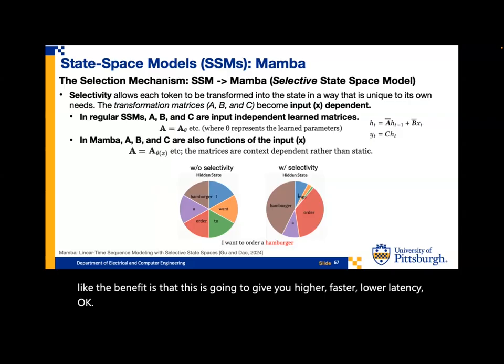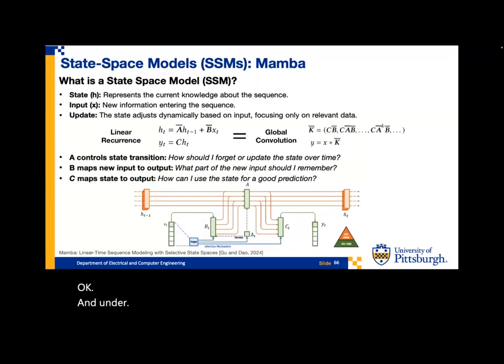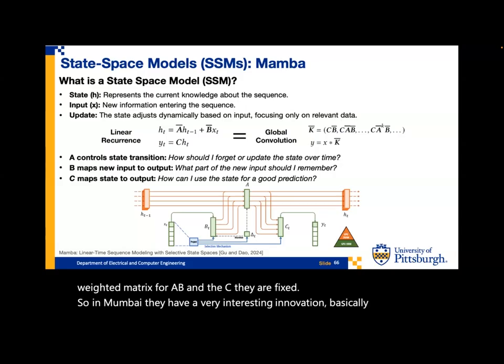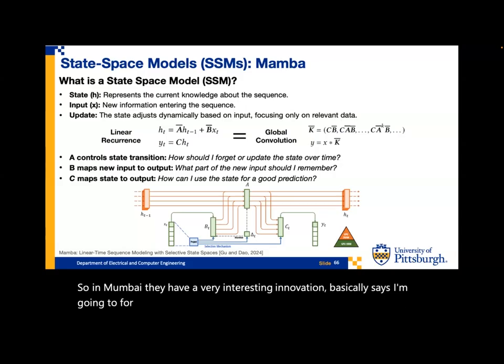Traditionally in long short-term memory, all the weight matrices for A, B, and C are fixed. So in Mamba, they have a very interesting innovation. Basically, for my input X, I'm going to do a projection.